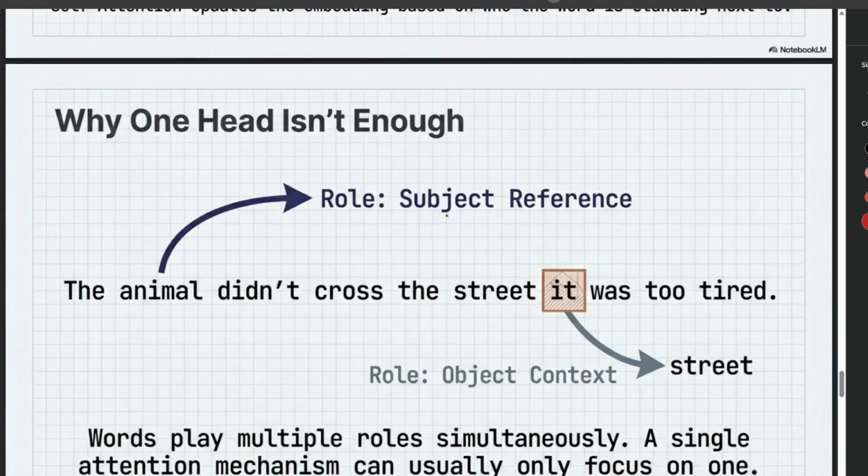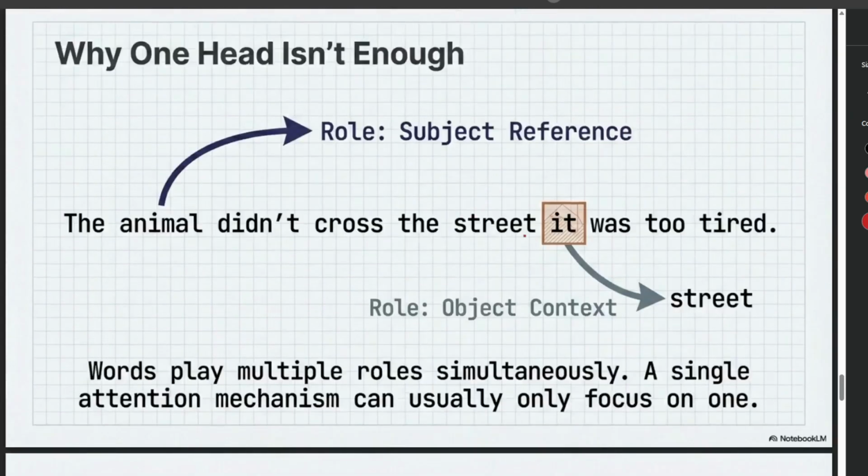So why isn't one head enough? The head is a focus point. One focus point isn't enough because words play multiple roles. For example, "The animal didn't cross the street because it was too tired." What does "it" refer to?